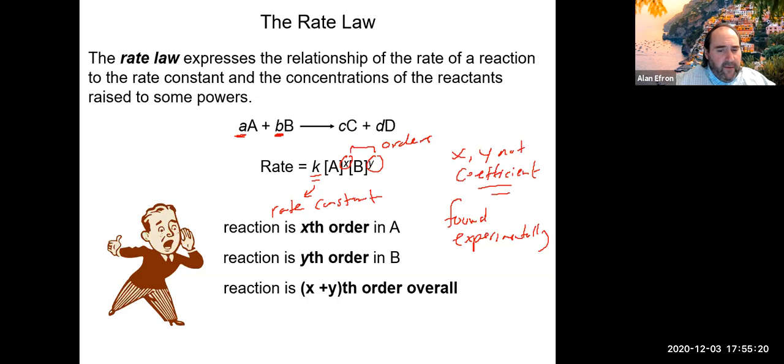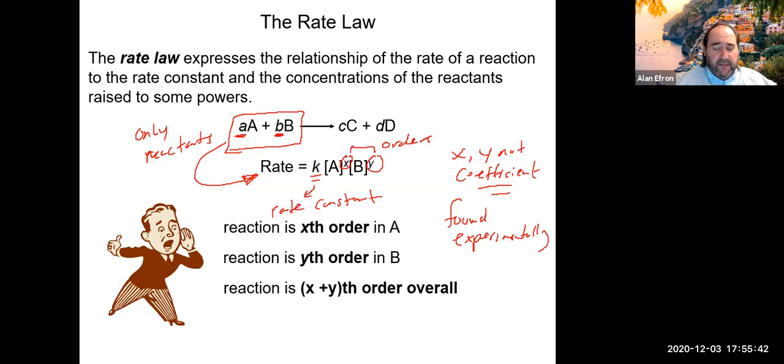And one really important difference between the rate law and the rate expression we were dealing with earlier is that the rate law is only about reactants. You don't put the products in a rate law, just the reactants.